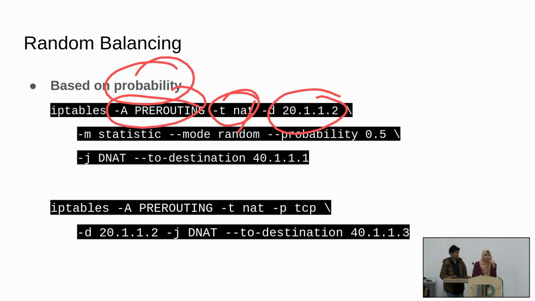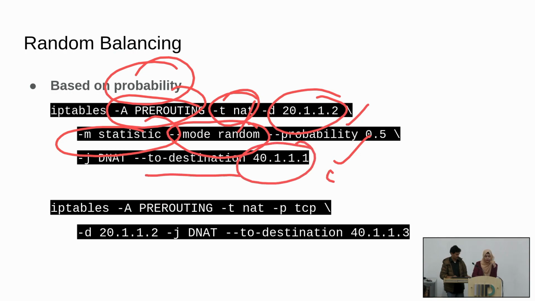If the destination is 20.1.1.2, which is of the gateway, and the gateway is acting as a load balancer, then use the statistic module with -m. Use the mode random and a probability of 0.5. Divert the traffic to the destination 40.1.1.2, which is server 1 in our case.